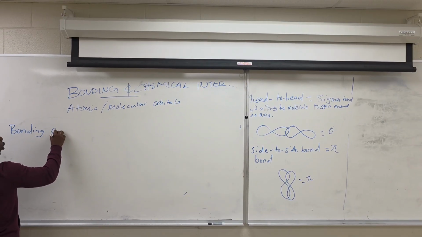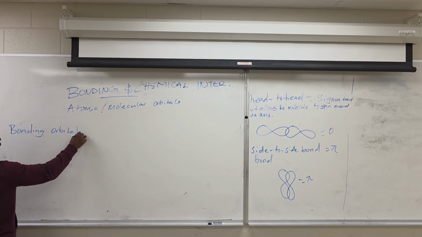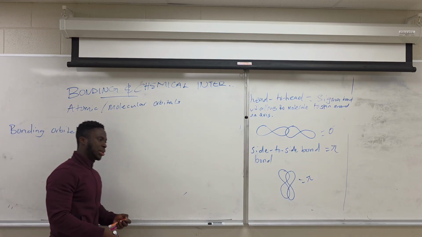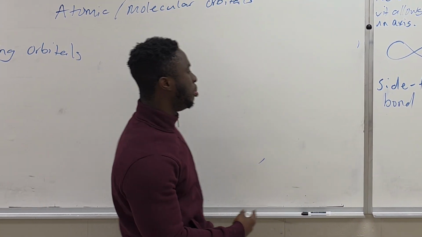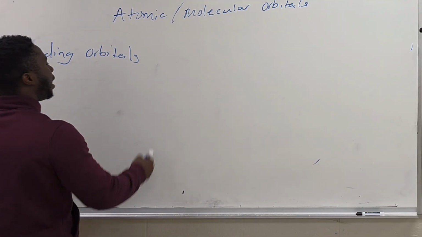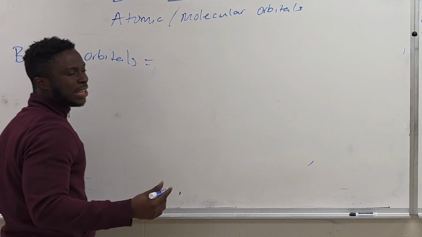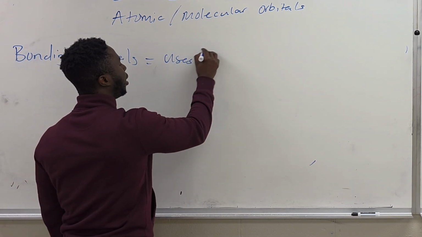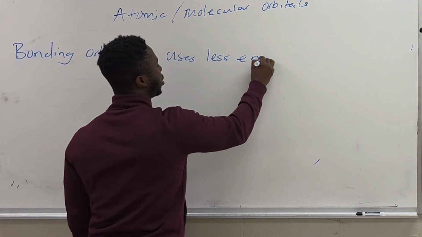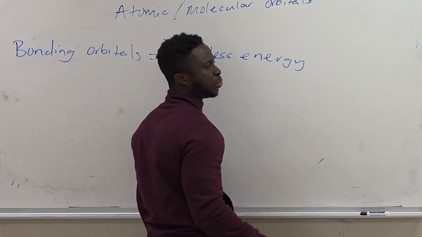It will form bonding orbitals, right? Like the, what is it called? The hybrid orbital. The hybridized orbital will be bonding. Now, if we say an orbital is bonding, it's basically that the orbital uses less energy, right?